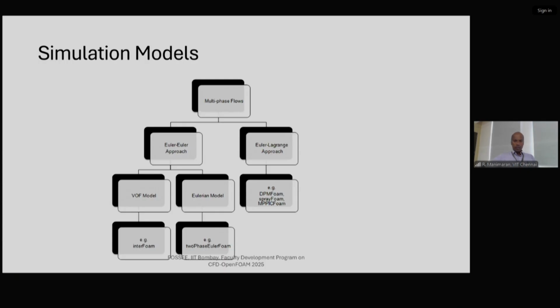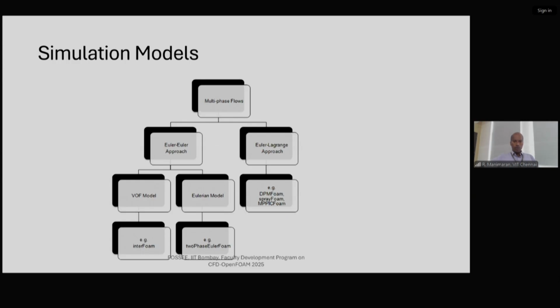Coming to multiphase flow in OpenFOAM, we have the Euler approach, that means for gas and liquid, both follow the Eulerian approach. Another classification is that one phase is Eulerian and another is Lagrangian: either the liquid or the gas can be Lagrangian, and the other continuous phase may be modeled in the Eulerian approach.